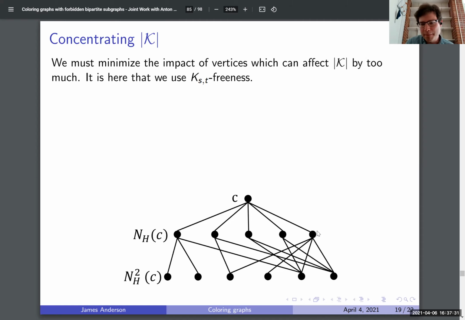So if you don't know anything about the graph, this could prevent concentration. This is a non-Lipschitz random variable somehow. So I want to use that we're KST-free to show that there are not too many of these colors that can affect the quantity by a large amount, and somehow argue that we can still prove that the random variable is concentrated despite them.